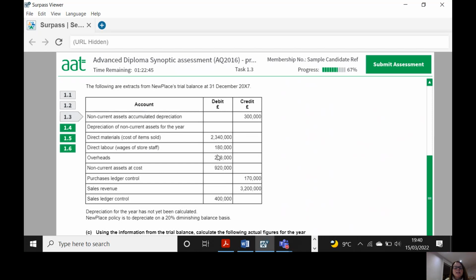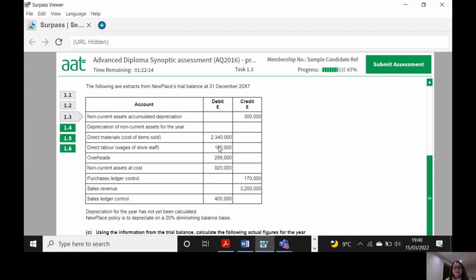It's a reasonable assumption that my direct materials are variable. Direct labour is a bit iffy because it could be fixed or variable, but let's assume that both lots of direct are my variable costs. So I'm going to do 3.2 million, and then subtract both of these, 2340 and the 180.